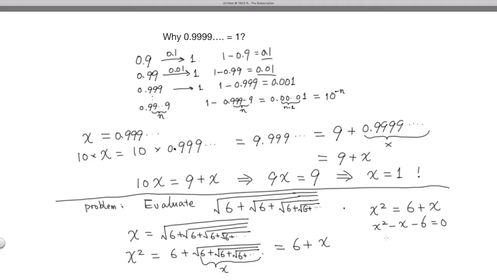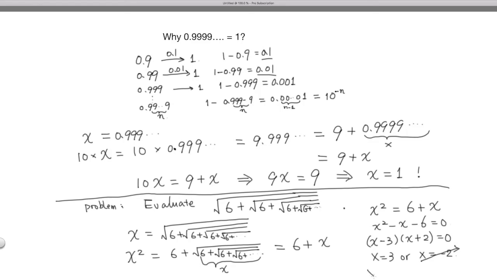Now, clearly this has two roots. Actually, we can factor it: x minus 3 times x plus 2 equals 0. So the two roots are x equals 3 or x equals minus 2. But now realize this square root is going to be a positive number, so minus 2 is not a valid solution.